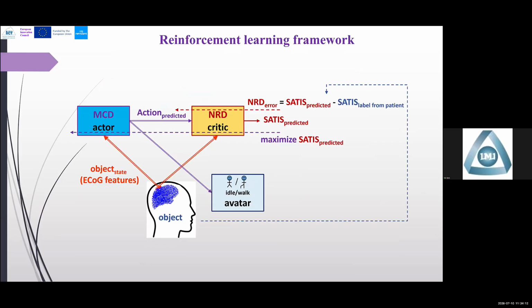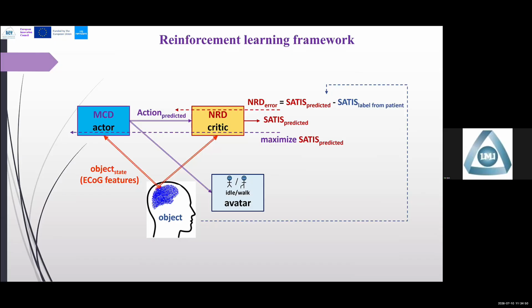What we started with, we intended to implement a reinforcement learning framework. It appears that it is hard to have patient input, so we mimic it somehow, but we trained a motor control decoder and a neural control decoder. Both structures have to predict based on the object state. These are ECOG signals from the brain, the action that the patient wants to send to the avatar, and besides to predict whether this prediction is good or bad.